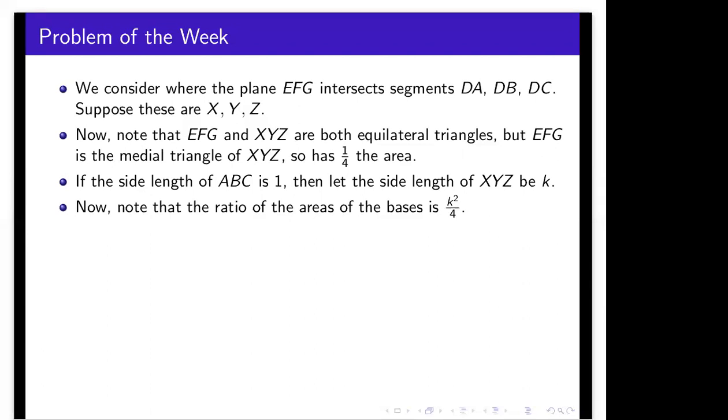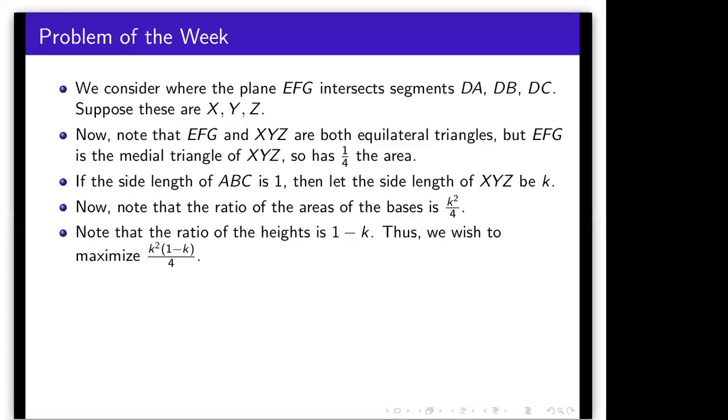So we consider the sums of the heights of everything. The ratio of the height of DEFG to DABC is going to be K, because they're similar. And that leaves 1 minus K of the height to be the height of everything else, which also happens to be the height of EFGH.